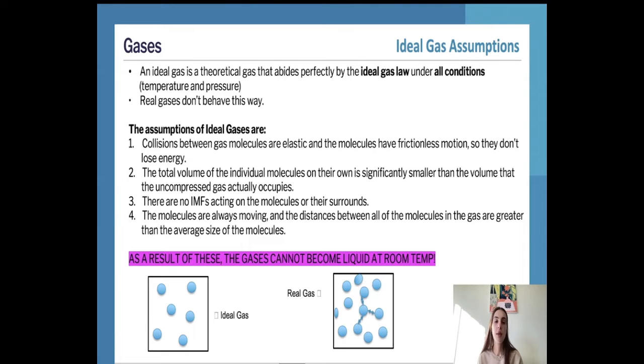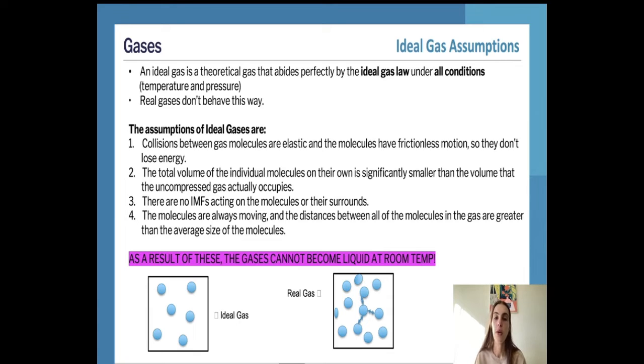Our fourth assumption is that the molecules are always moving, and that the distances between all of the molecules in the gas are going to be greater than the average size of the molecules. We know that the first part is definitely true, because gaseous molecules are always moving.